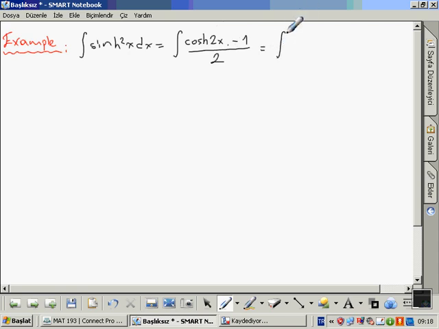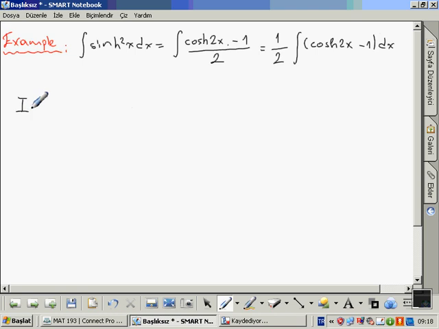I'm sorry, the 1/2 can be written outside of the integral: 1/2 times the integral of cosh 2x minus 1 ∂x.